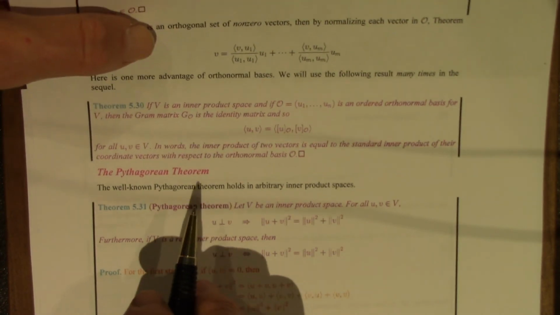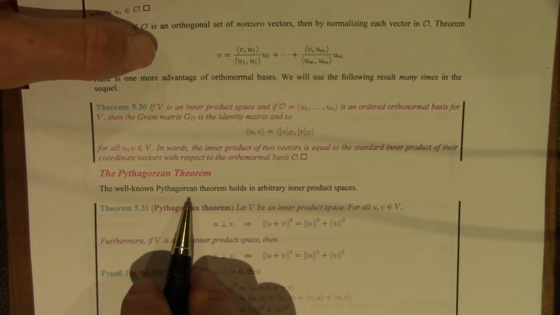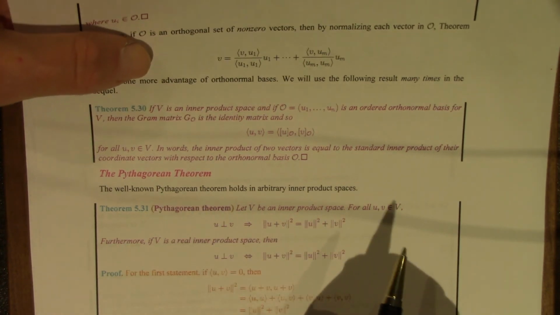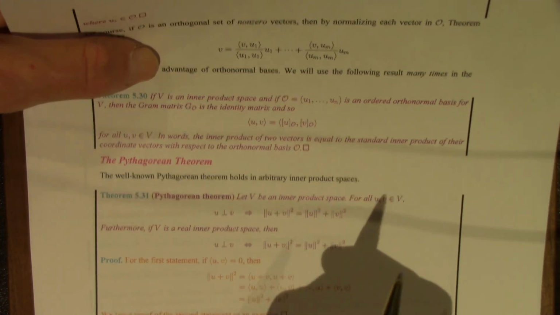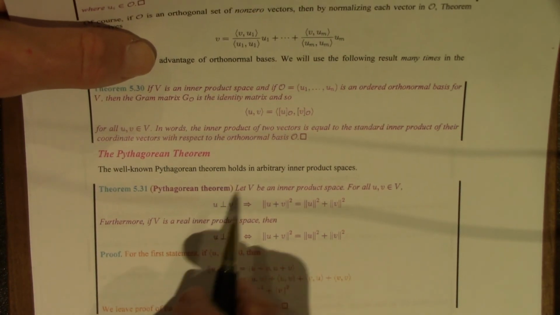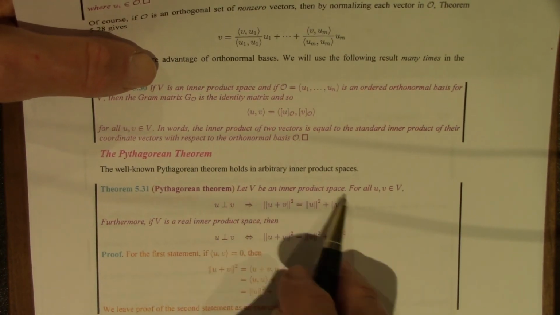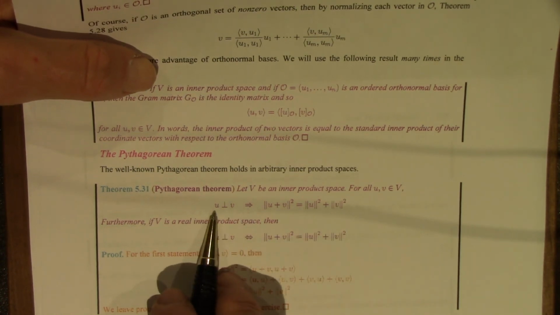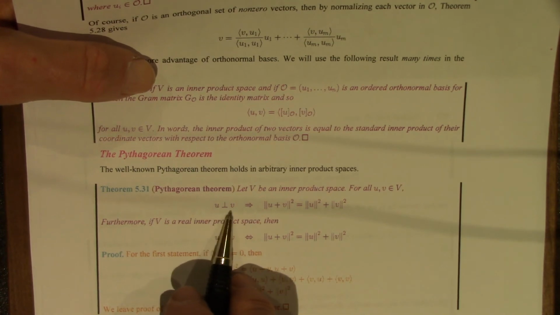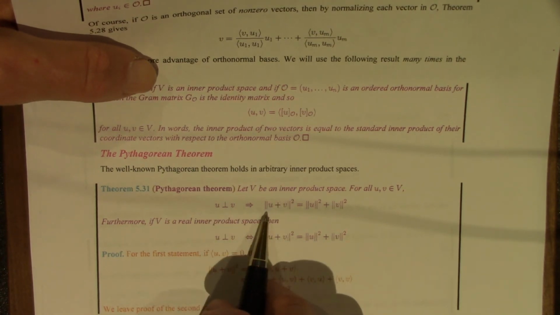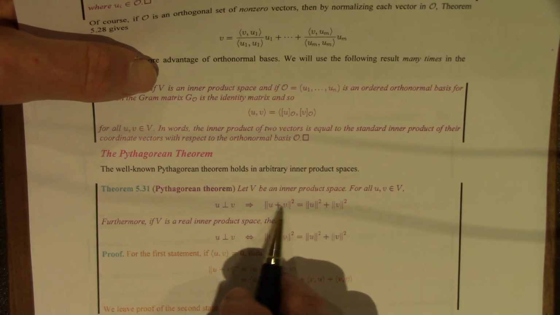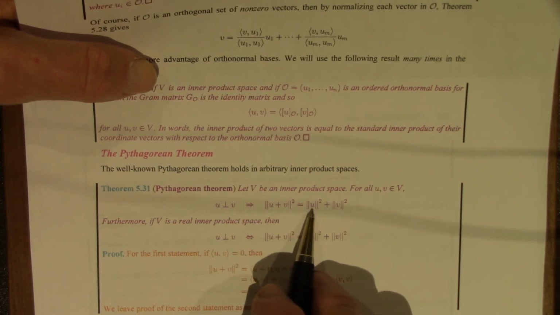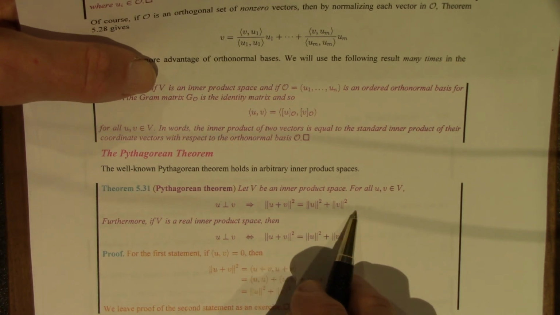The well-known Pythagorean theorem holds in arbitrary inner product spaces, but there is a wrinkle with respect to the base field. If V is an inner product space, for all vectors u and v, if they are orthogonal, then the norm squared of the sum is the sum of the norms squared.